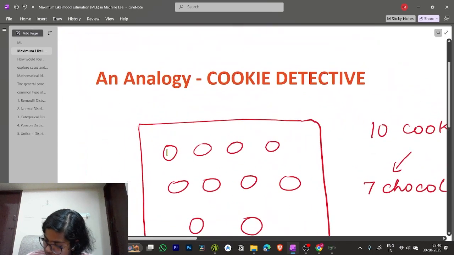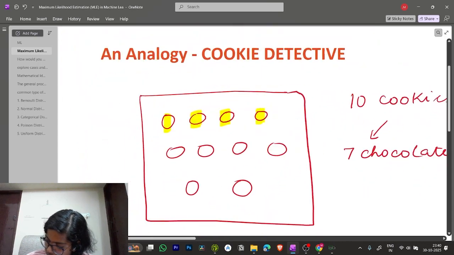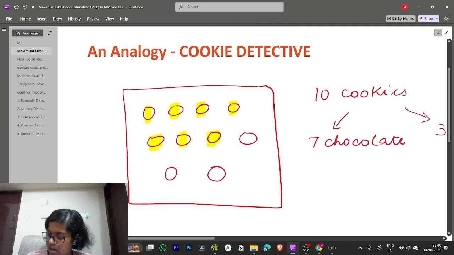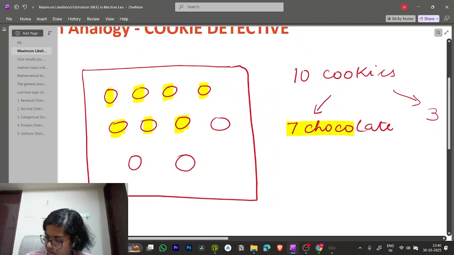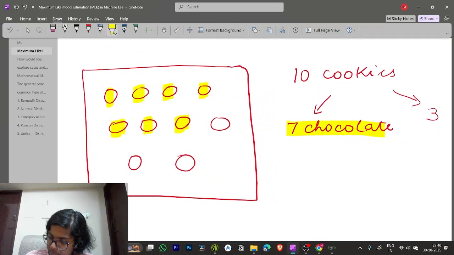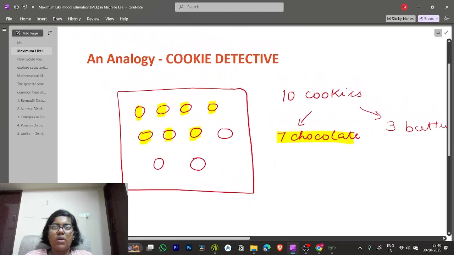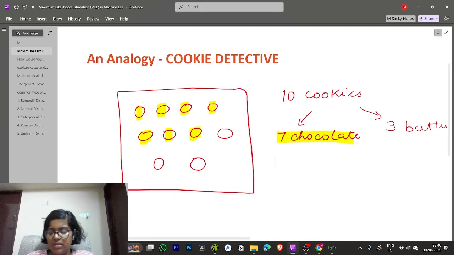So the 7 ones in yellow are chocolate, and the ones in red circles are butter. They are hot, freshly made, and served to you on a plate, and you see it. Now there are 2 friends of yours.